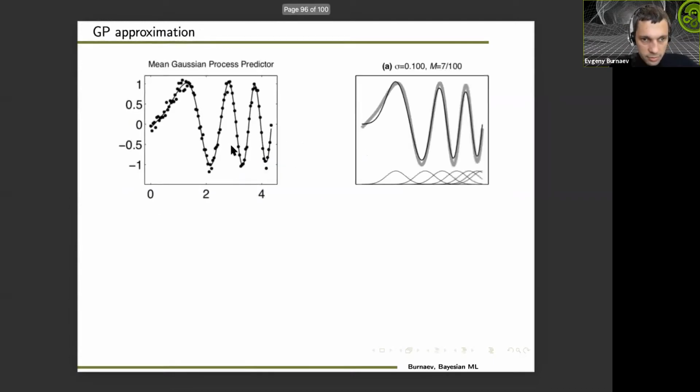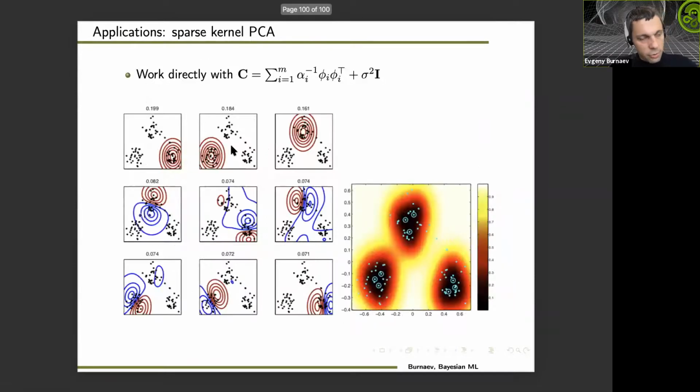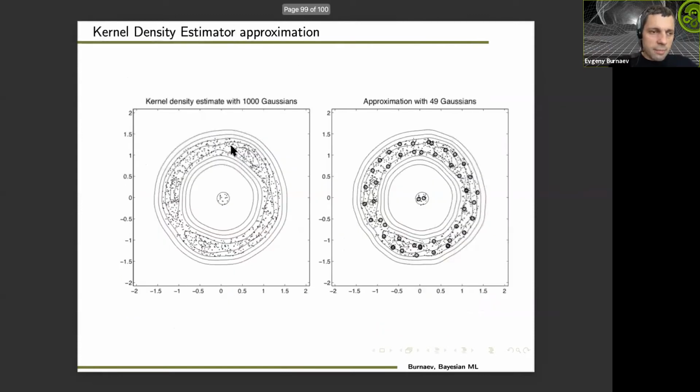Okay, what else to say? I think this is not so important. That's it, guys. The last several slides are just about the usage of the algorithm for kernel density estimation. If we use kernel density estimation, we put a kernel in each sample point, and we estimate the general data sample density.